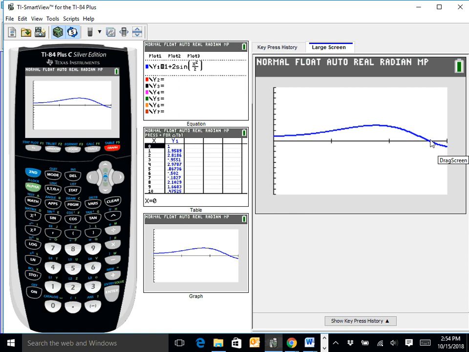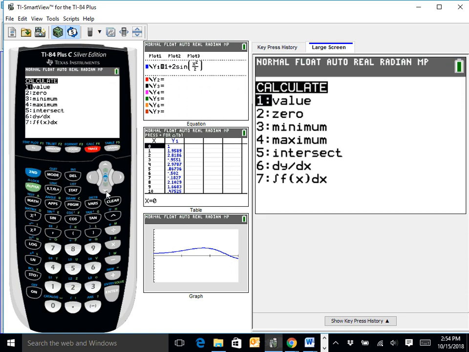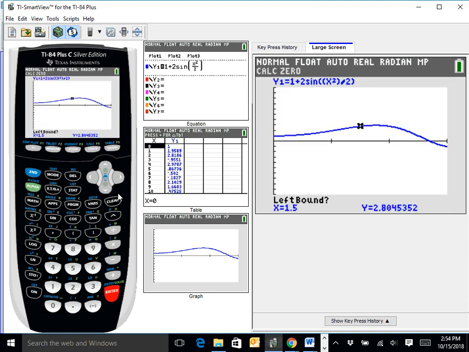Well, our calculator, obviously that's a 0. So I'm going to have my calculator calculate that 0 by going second trace, and option 2 here helps us find the 0. We just want to click on a point left of that 0, and then arrow over until we're right of that 0.